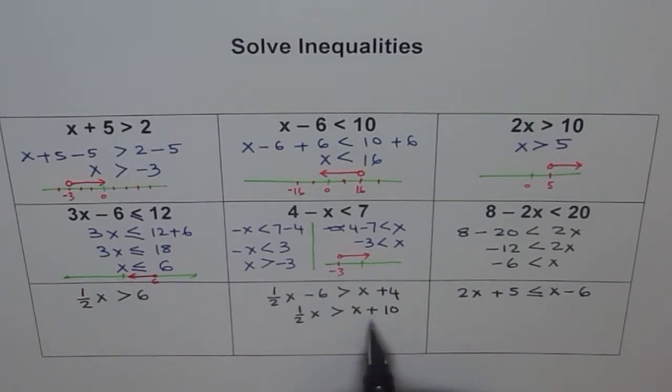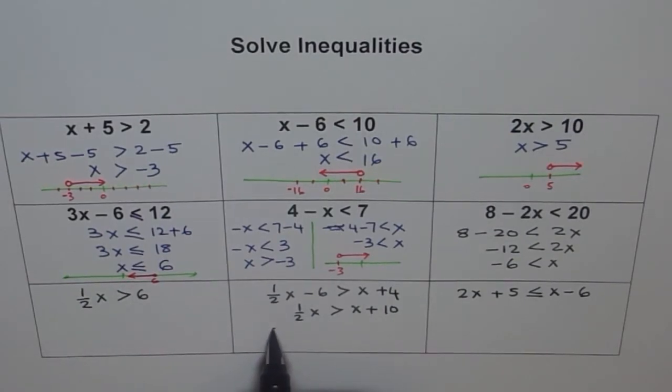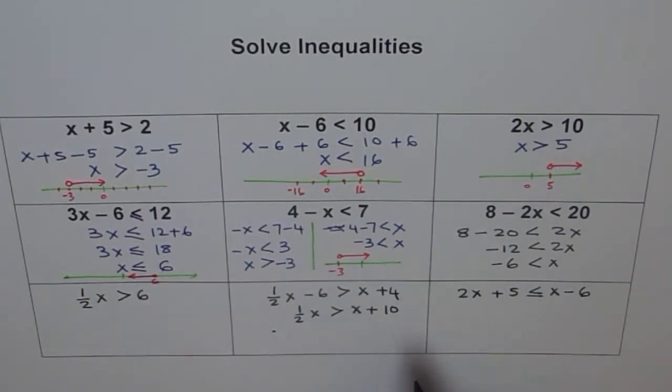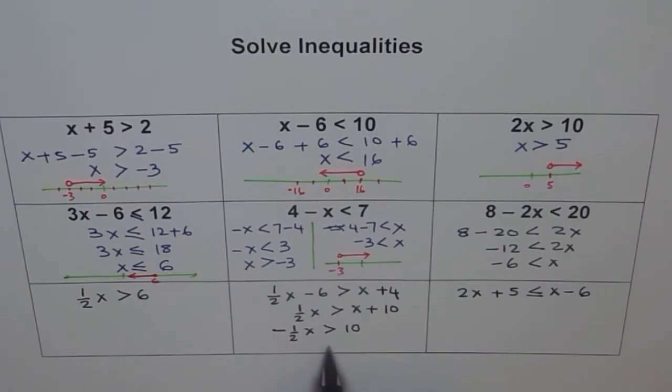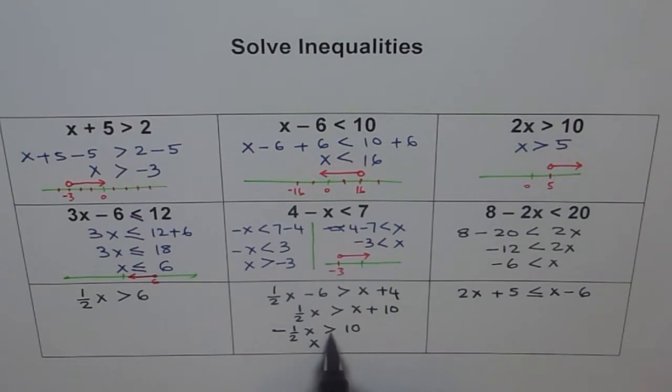Correct? If we do that, you get half x minus x, which is minus half x, greater than 10. When you multiply by 2 on both sides, the sign changes: x is less than 20.